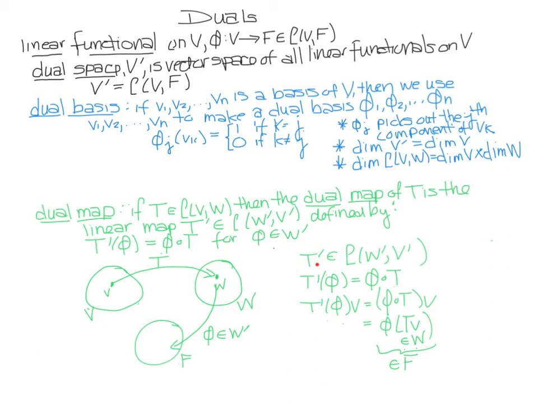My dual map does not take vectors from V to F. What it does is it takes functions from the dual of W and then gives me a function here, this function composition, that'll then get me from V to F. So the dual map is a way that takes maps from W prime and gives you another map that goes from V to F. So that's what this means here. So this is my summary and kind of visualization for duals.